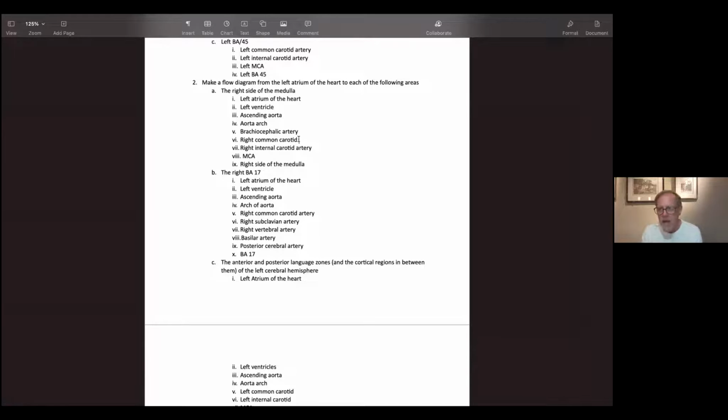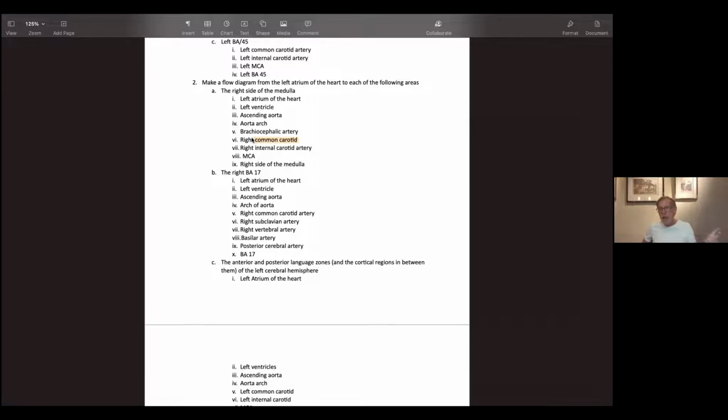Can anyone in any group help us with that step? I thought from the brachiocephalic, it goes to the right subclavian. That's right. It does go to the right. Right vertebral? Right vertebral, yeah. Because of the vertebral basilar system, here's kind of a clue. The vertebral basilar system provides all of the blood to the entire brain stem. What's a brain stem?